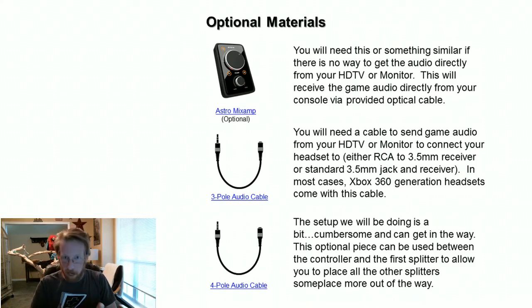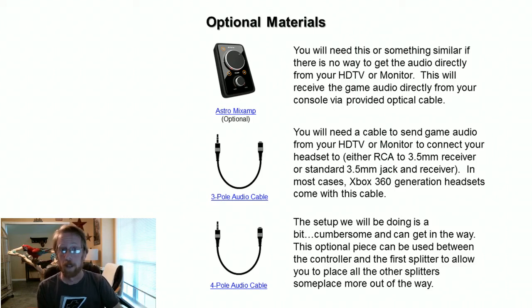Most of the XB12s, Alpha, the A40 Astros, those usually come with that already. Usually they come with the RCA jack, that's the red and the white with the pass-through, and then the female end for the headsets. Normally you'll already have that, so you may not need that. But if you don't, you need to get one, and you need to cater that to whatever you're getting the audio from, however your TV, your monitor, or whatever you're playing your game on uses.